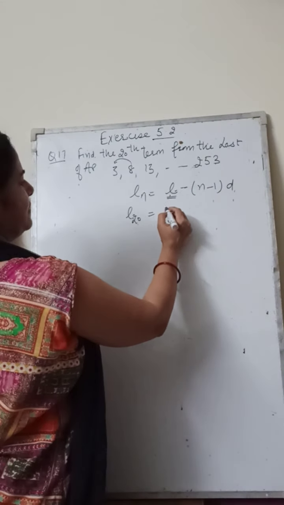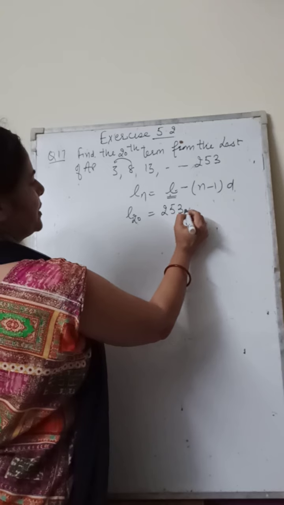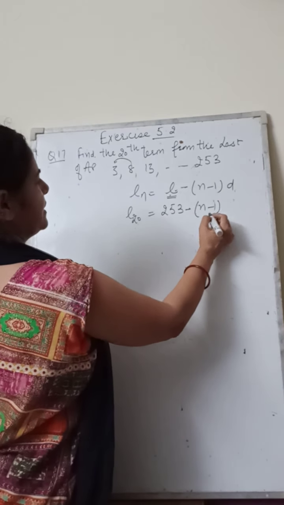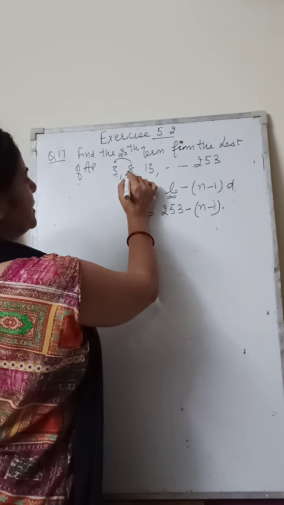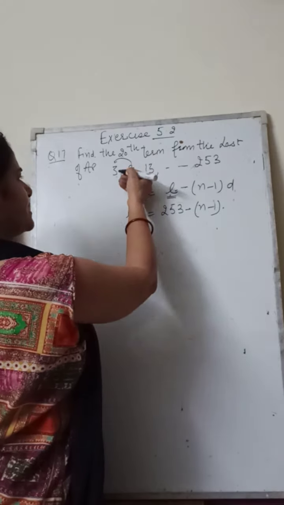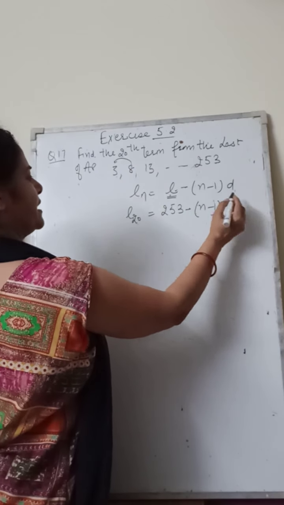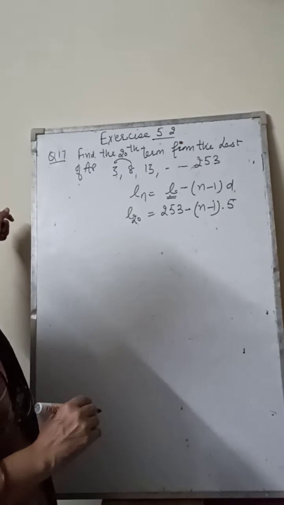In place of L, we will write 253, minus n minus 1, and in place of D, the difference is 5 only, so you will write 5. Clear?